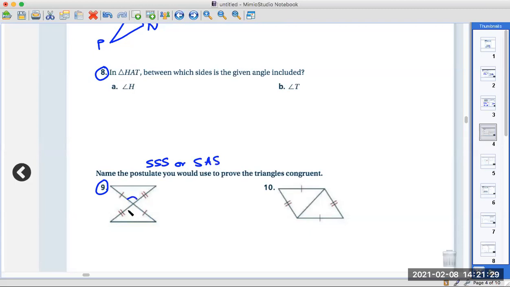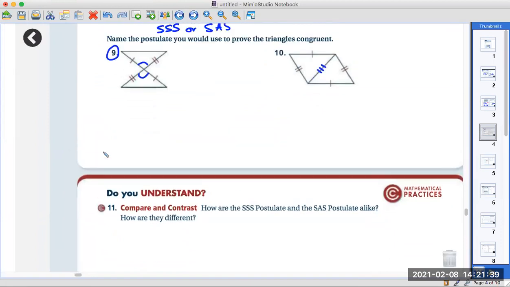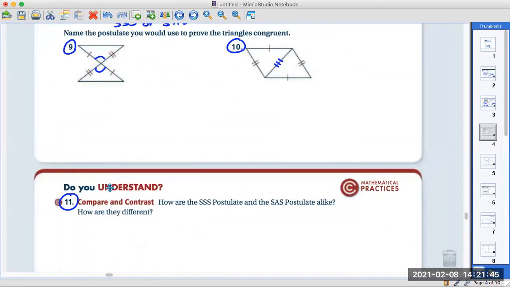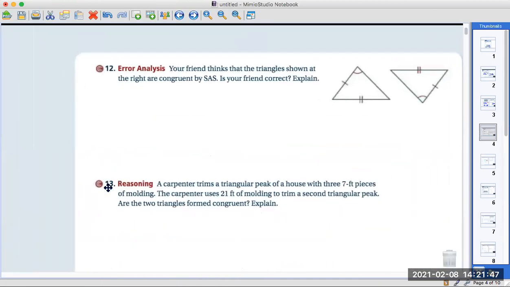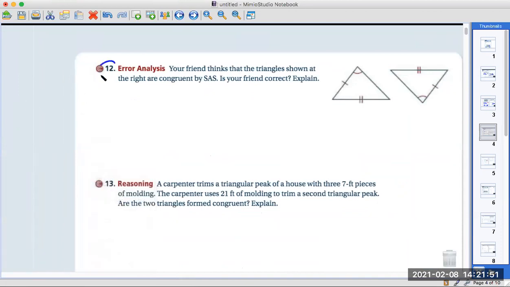Remember to mark your vertical angles. Mark your sides that they have in common. You've got to mark these yourself. Number 11, 9 and 10. Number 11. Number 12. There's an error.